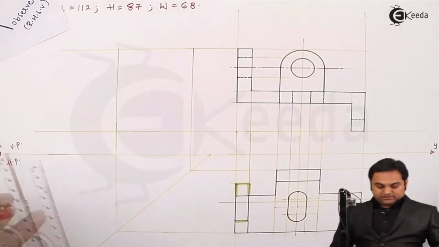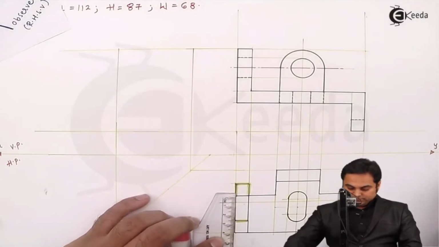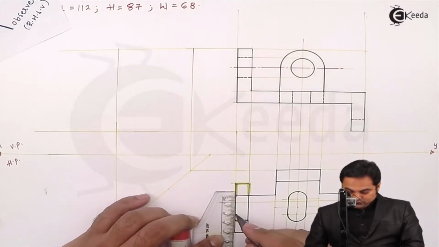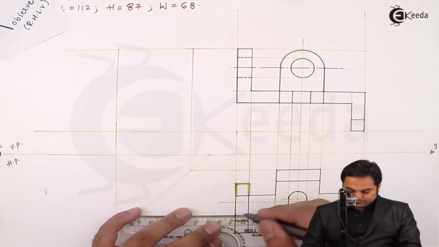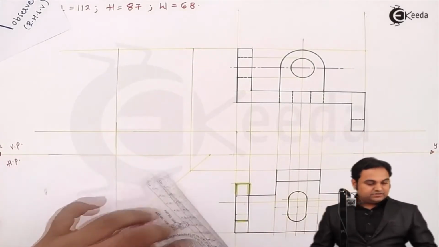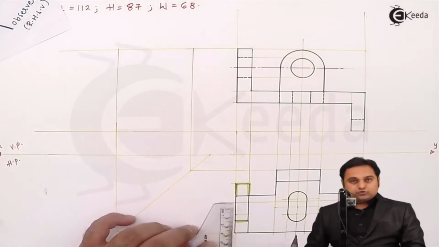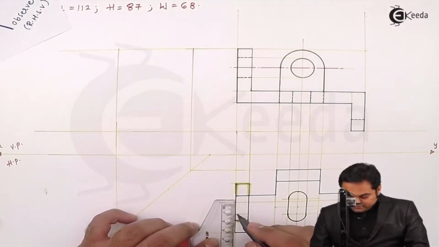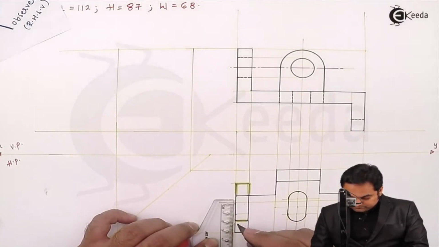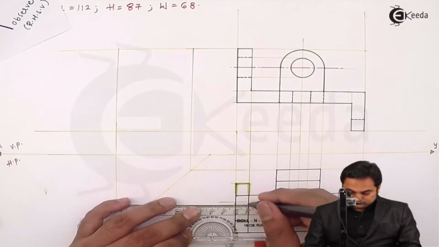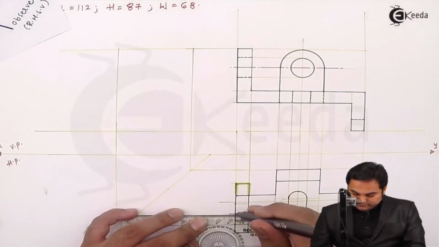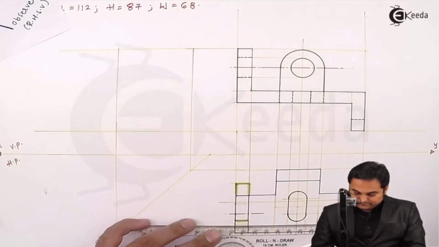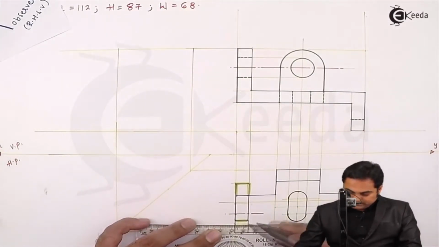So there will be a circle inside this portion. First, I'll take the center of it. That is half of 40, 20 mm. Inside that, there is a circle of diameter 22. So marking 11 mm on one side, 11 on the other side. Here is the center line of that circle, and it is hidden.